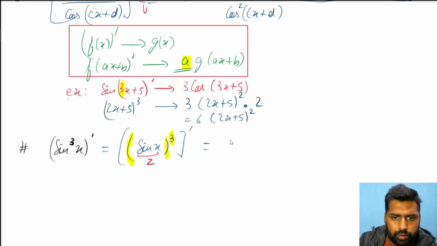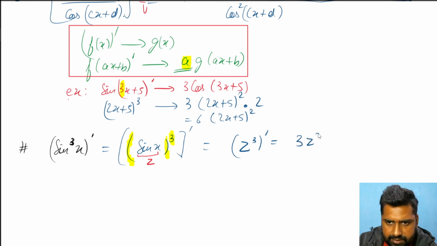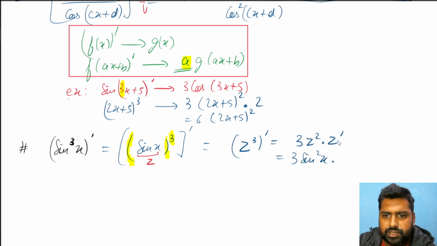So the question will now look like z cube differentiation. What is the differentiation of z cube? 3z square into z dash additionally. So basically 3 sine square x, and the differentiation of sine x, since z is sine x, is cos x.